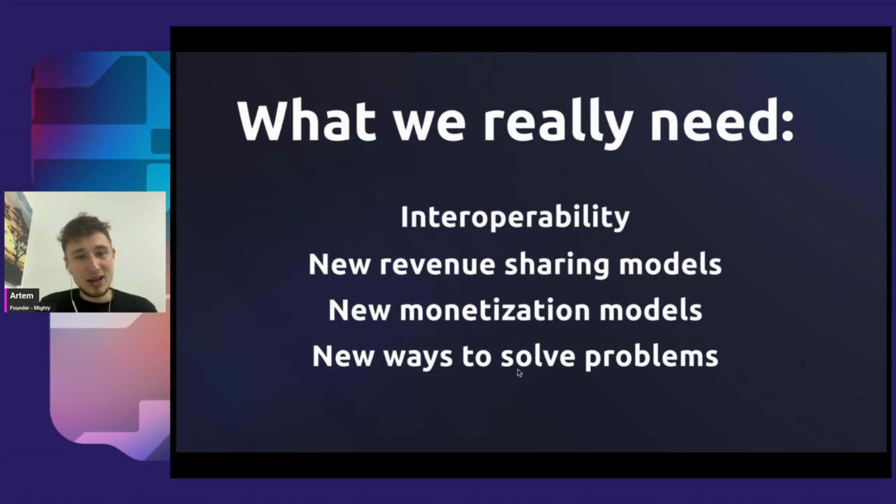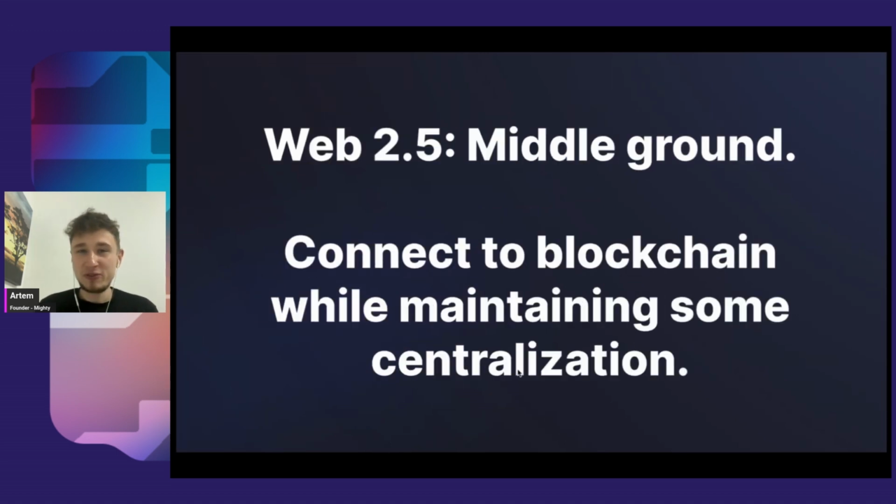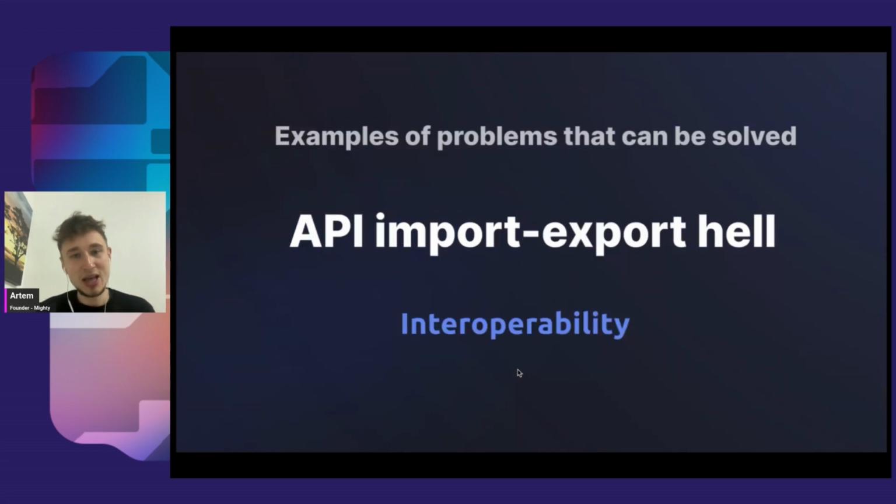And Web 2.5 is kind of a middle ground where we use blockchain for certain features while we are maintaining some centralization for better UX or for better user onboarding, and we are trying to keep the balance between the two. So here is an example of a problem that can be solved with blockchain without actually having to be decentralized. This problem is API import-export hell, and it's solved by interoperability.